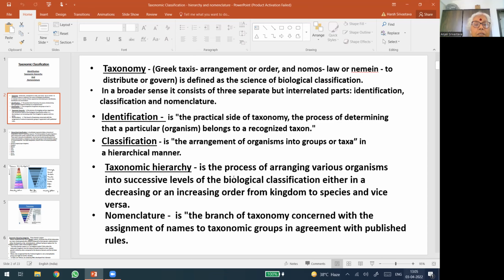That is the taxonomic hierarchy, and then the classification process is completed with the naming of the organism, a process called nomenclature. That is the branch of taxonomy concerned with the assignment of names to the taxonomic groups in agreement with published rules.